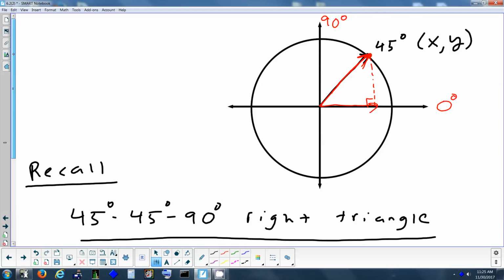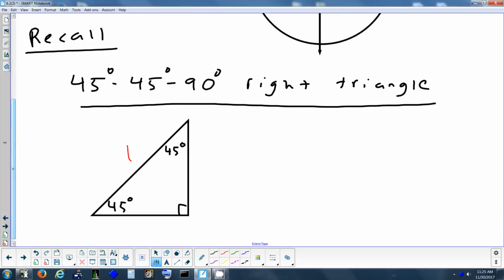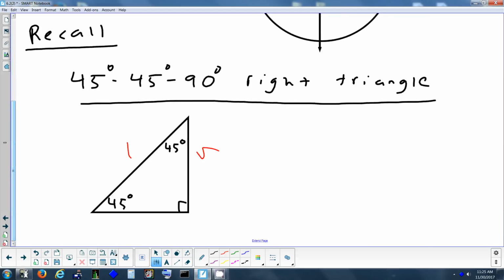Okay, remember, we're working on a unit circle. So the radius is 1. And in an isosceles triangle, the other two sides, what's the relationship between them? They're the same. And what it works out to be is both of them are the square root of 2 over 2.